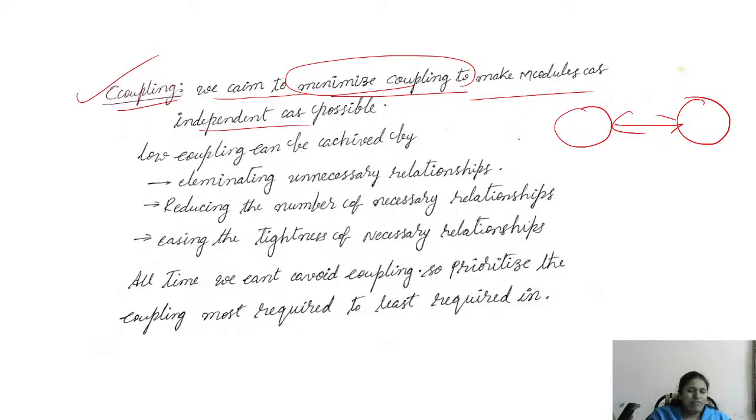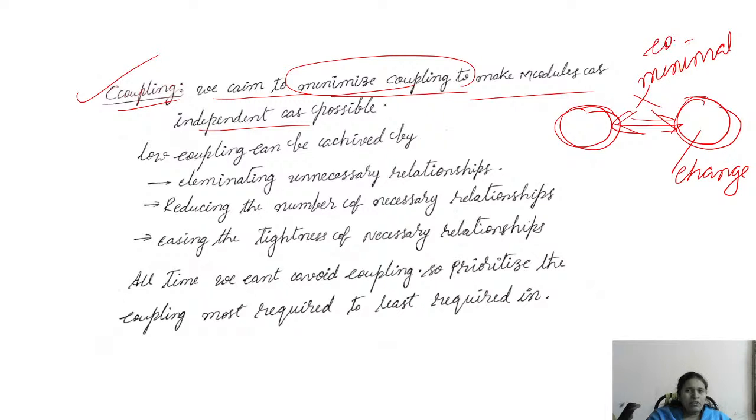In future, if we want to change something in one module, there should be less dependence on other modules. If one module is strongly dependent on another, the other module will also be affected, right? That's why there should be minimum coupling.